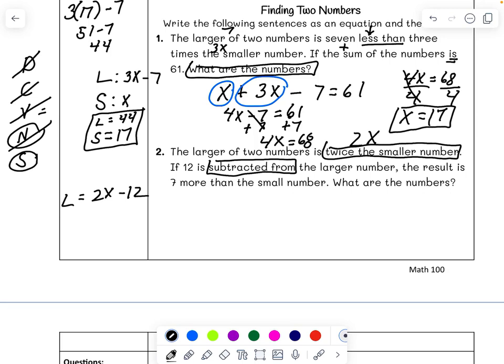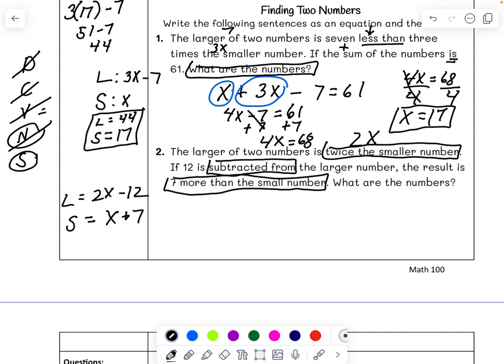The result is 7 more than the smaller number. The small number I know was x, but here it's saying 7 more than. So I add 7. Okay.